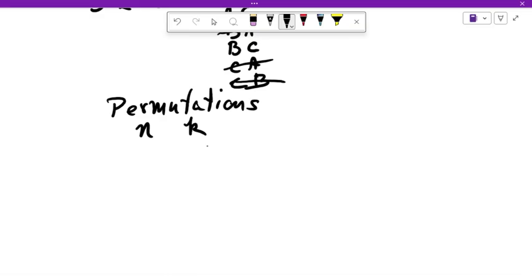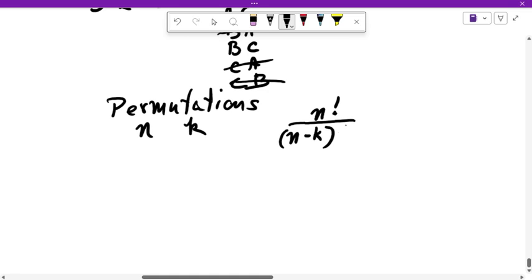Permutations I can calculate as n factorial divided by n minus k factorial. This is why we need the factorial. The n factorial is all the ways we can get the first person, the second person, the third person. N times n minus 1 times n minus 2 and so on.